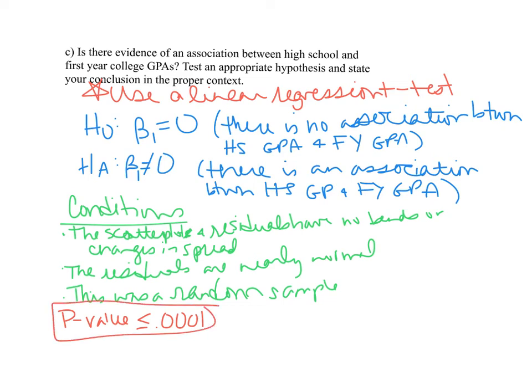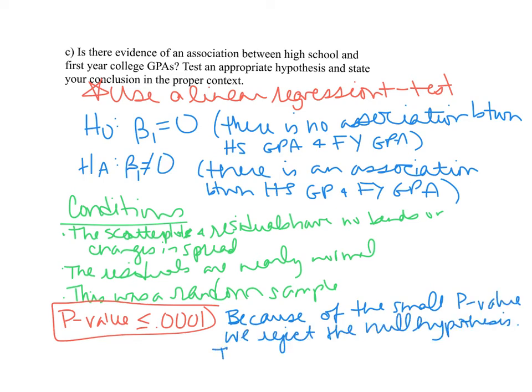So for conclusion, then we can just write it out based on that. And the conclusion hopefully will seem very familiar. Because of the small p-value, we reject the null hypothesis. There's evidence of an association between high school GPA and first-year GPA.